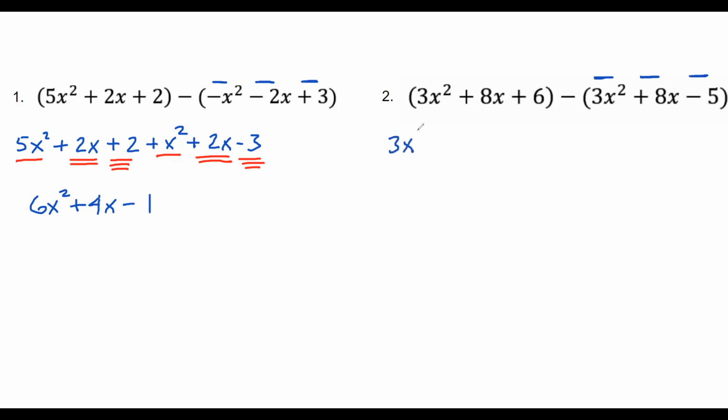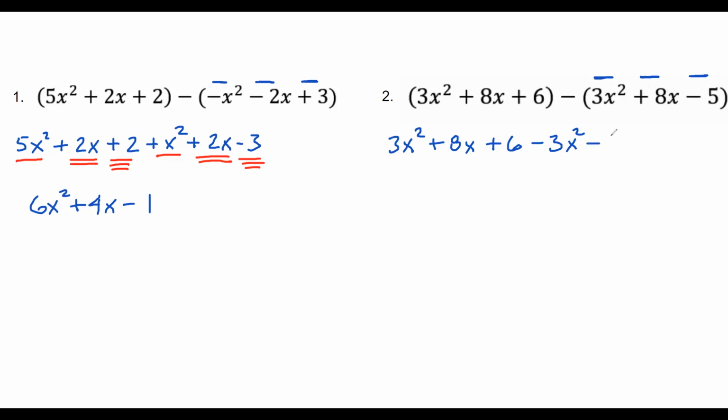We write the first part, 3x squared plus 8x plus 6. Then we move on, and we have minus 3x squared. Because 3x squared was positive, we end up making that a negative. Negative over plus 8x, same thing.